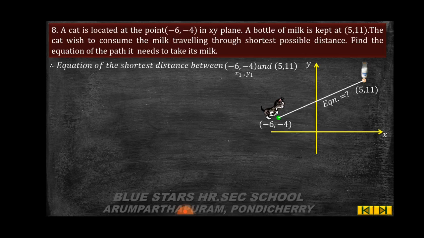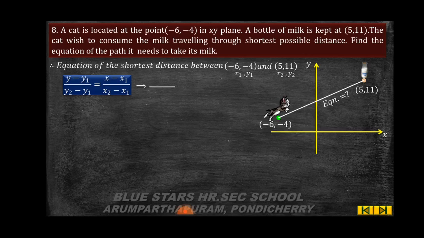We know the points x1, y1 and x2, y2. The formula is y minus y1 divided by y2 minus y1 is equal to x minus x1 divided by x2 minus x1.